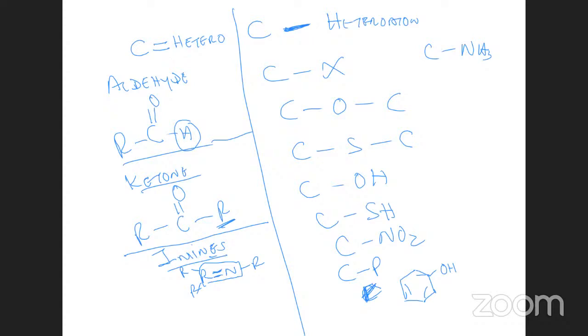I don't have space here, so let me clear. Now we'll go for when it has three bonds to the heteroatom. So an example is cyanide, carbon and nitrogen. These are the cyanides.